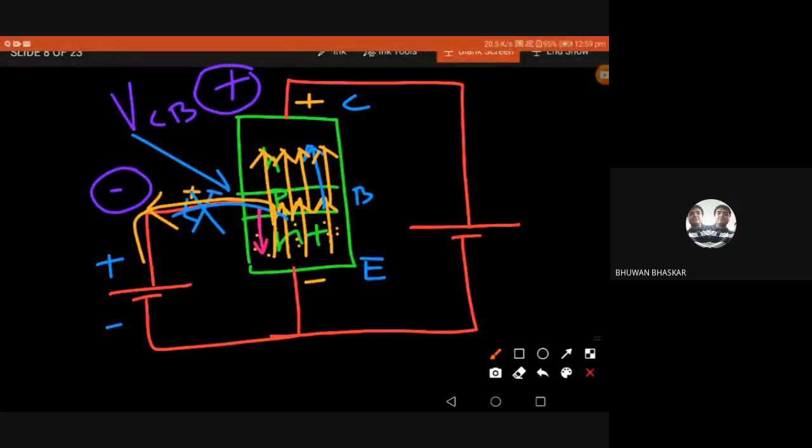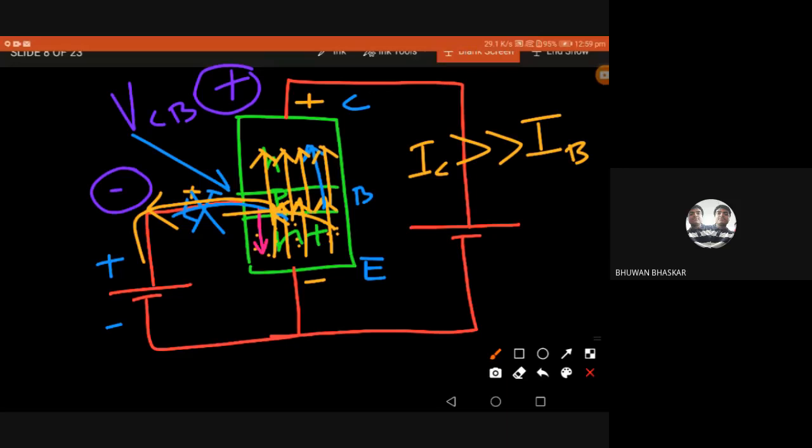Okay, so I can say IC is much greater than IB. Why? There are two reasons. One is that the base region is very thin, so not all electrons can jump to the base. There is no time left, because the base is very thin.